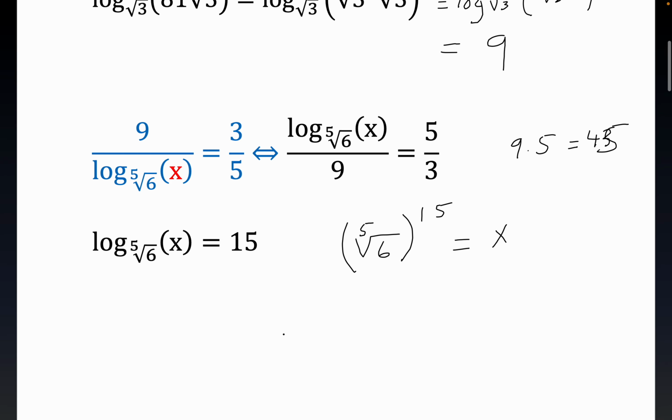Now notice that the 5th root of 6 raised to the 5th power is just equal to 6, right?